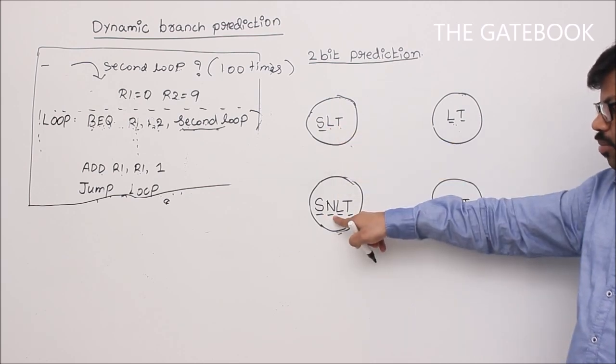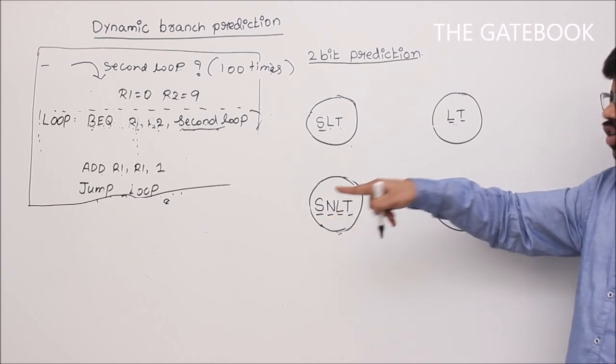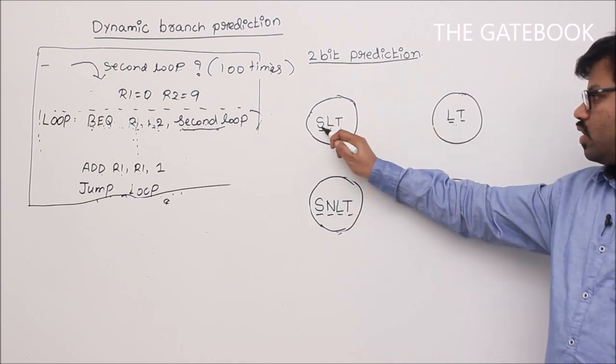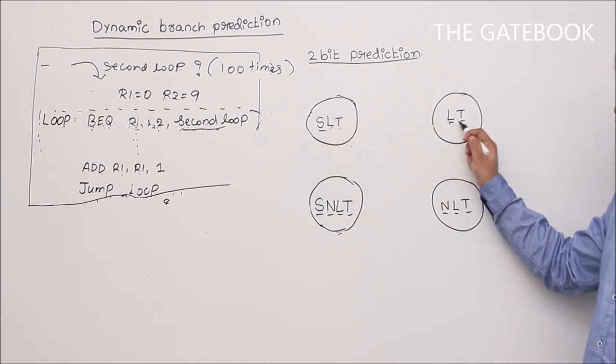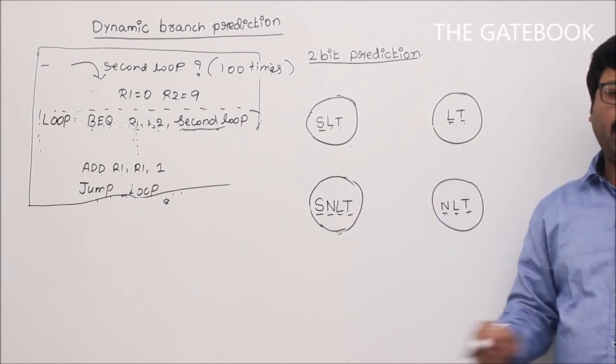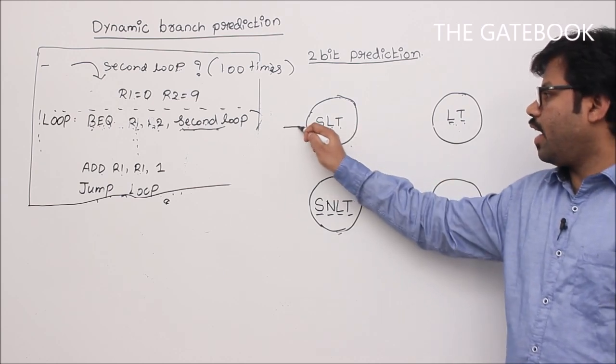So in that way, 4 states. Let me repeat: strongly likely to be taken, likely to be taken, not likely to be taken, strongly not likely to be taken. Now, initially, let's say you are in strongly likely to be taken.